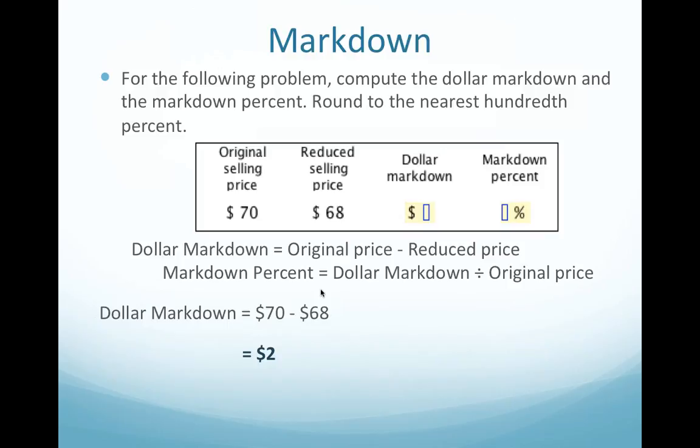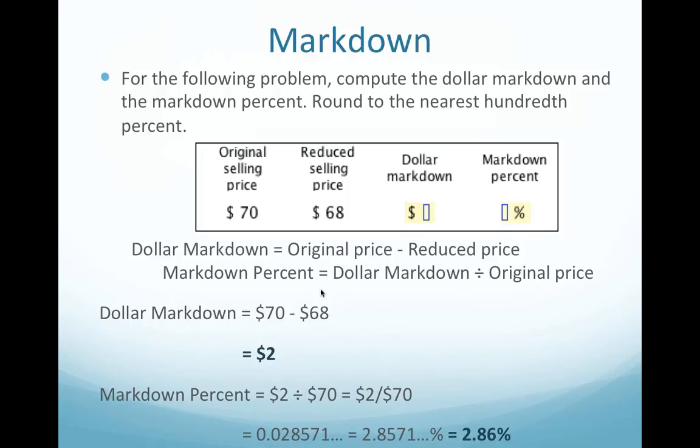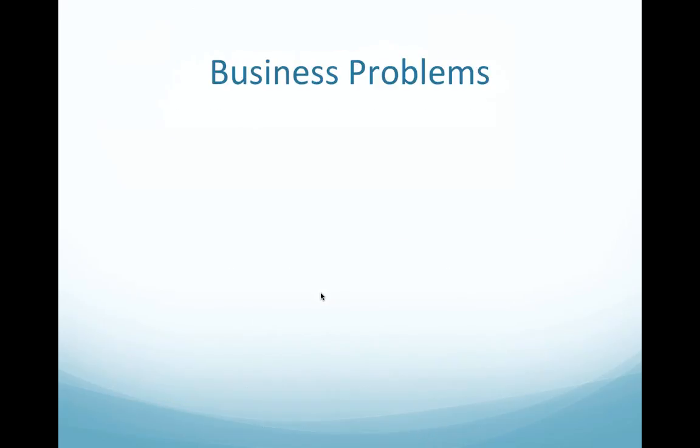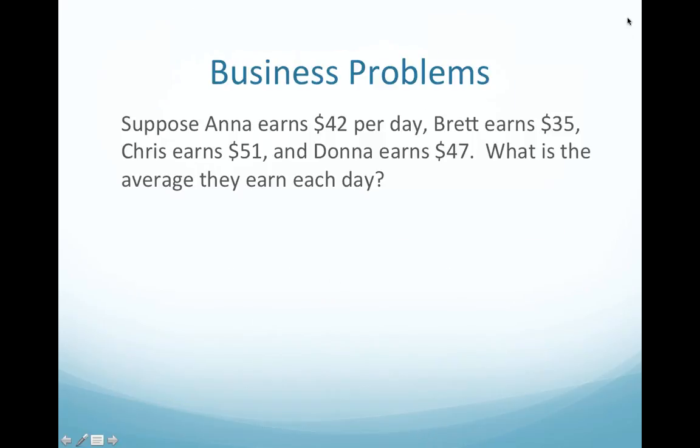In order to find the markdown percent, we've got to take the $2 and divide it by 70, which is the original. And that's going to give us 2.86%. Okay, so you guys did a good job on that one.